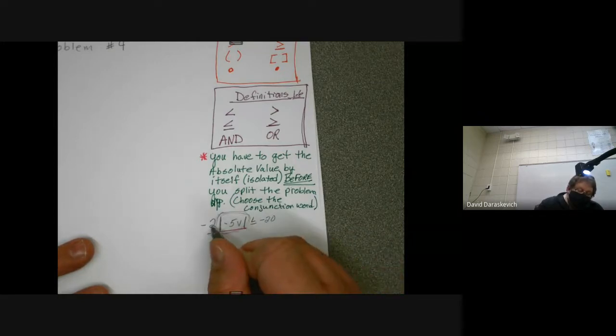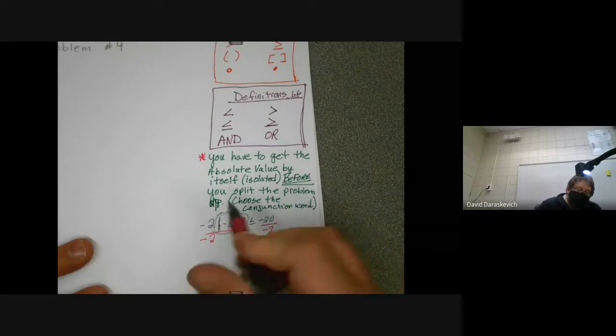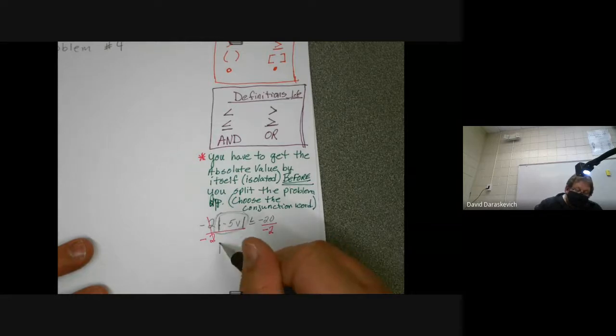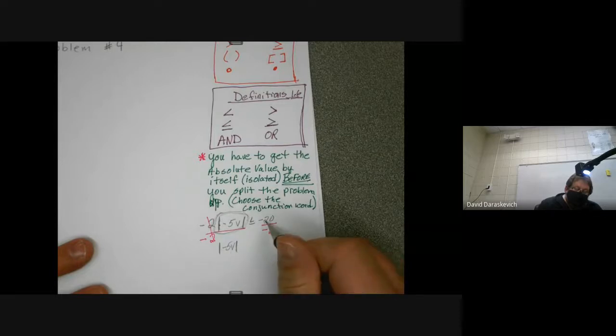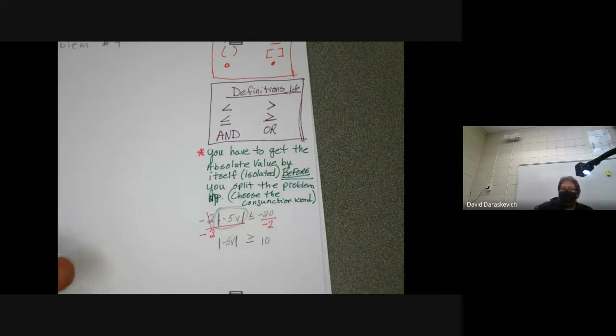There's multiplication between the negative 2 and the absolute value symbol, so I would divide, thinking of it as a coefficient, by that negative 2. That's fine. I get my absolute value of negative 5v, and here negative 20 divided by negative 2 is 10. But look what happened here. I divided by a negative number, so I would have to flip that inequality sign.